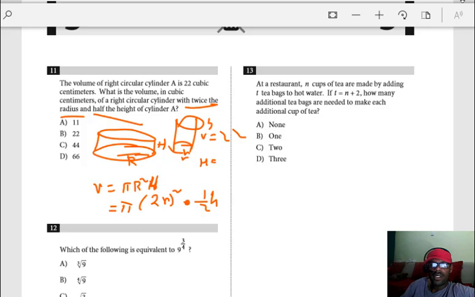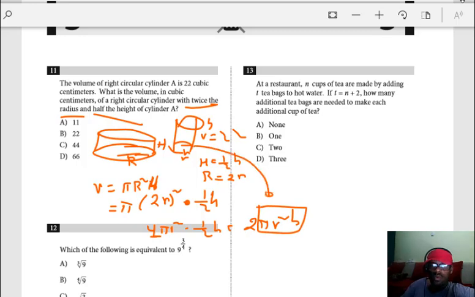Which means capital H is half of small h and capital R is just twice r. So what is the answer? 4 pi r squared times half of h. Again, half of 4 is 2 pi r squared h. This is the volume formula of the smaller one. It's already given as 22. That will become 44.